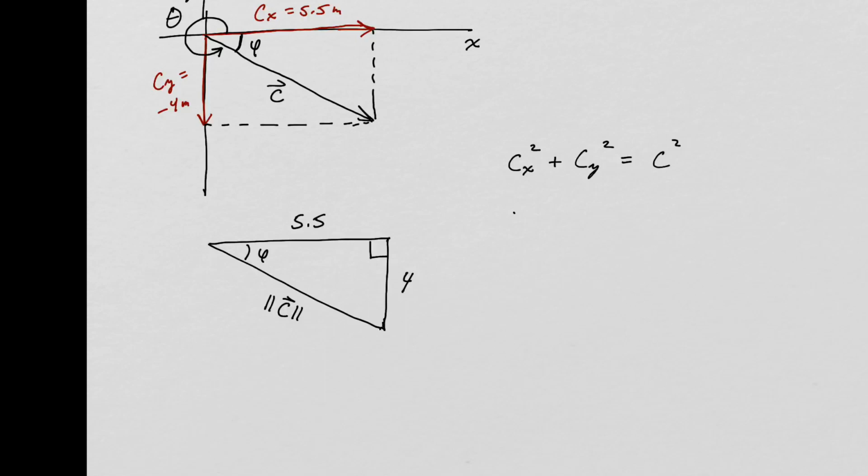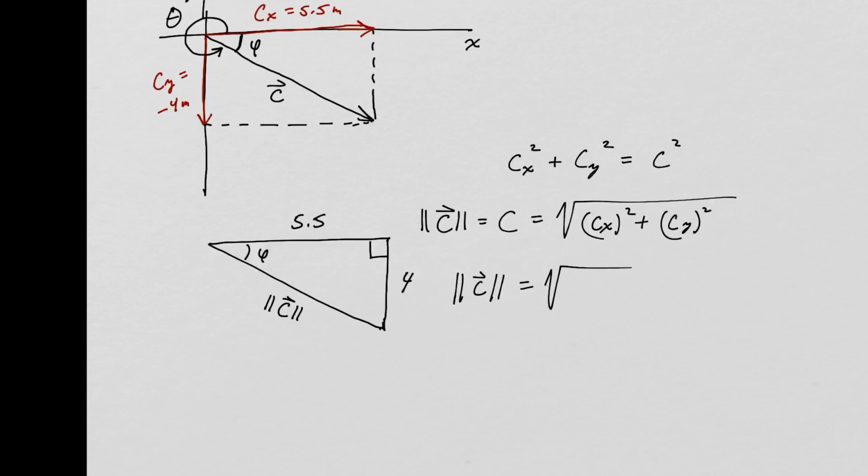So if I want to find c, by c I mean the magnitude, it's going to be the square root of cx squared plus cy squared.